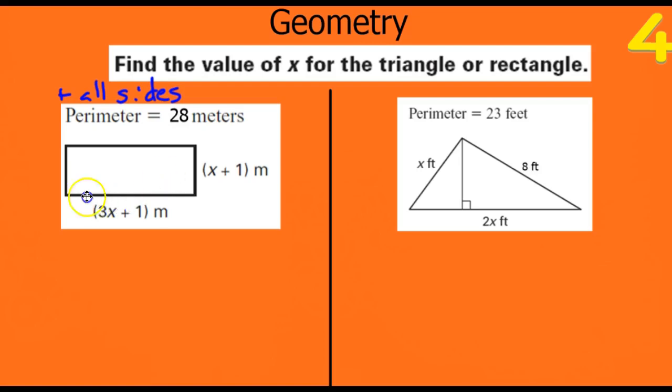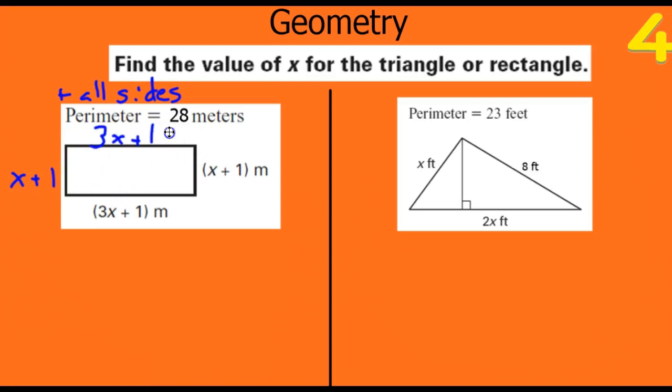I know that with a rectangle, my opposite sides are equal. So we have 3x plus 1 on here because this one's 3x plus 1, and x plus 1 here because this side is x plus 1.